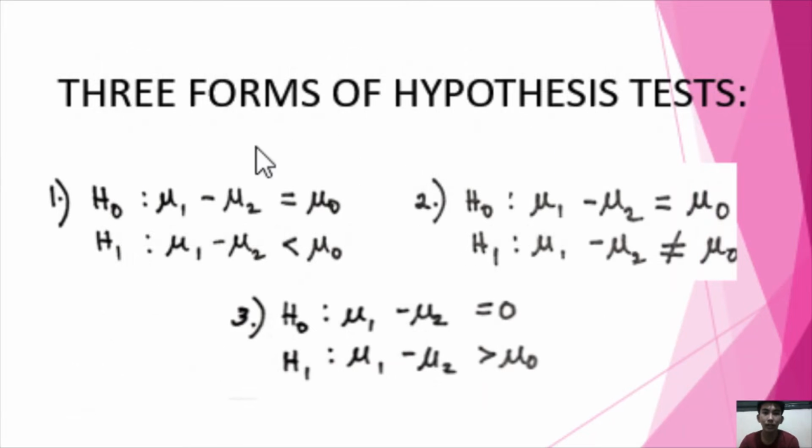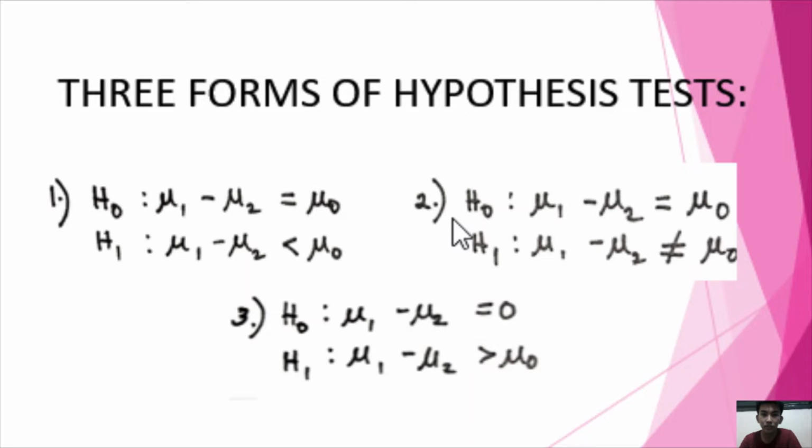Next, there are three forms of hypothesis test. The first is H sub 0: mu sub 1 minus mu sub 2 is equal to mu sub 0. Then H sub 1: mu sub 1 minus mu sub 2 is less than mu sub 0.